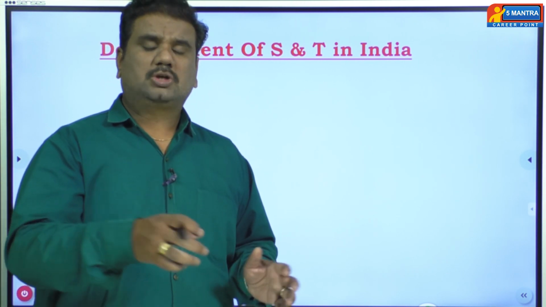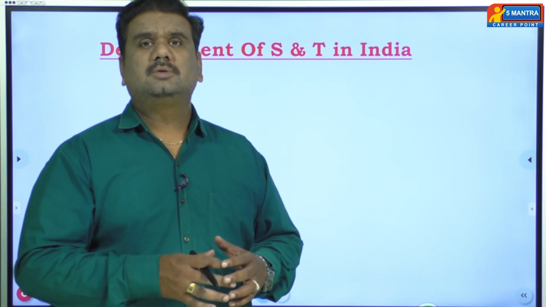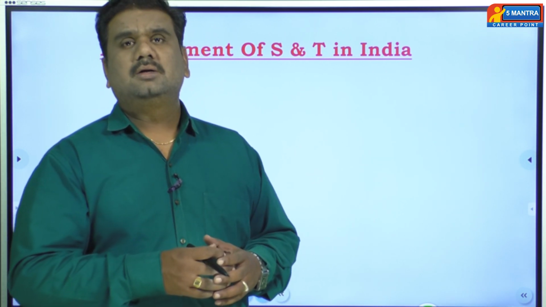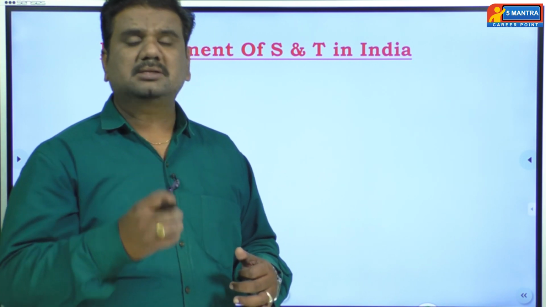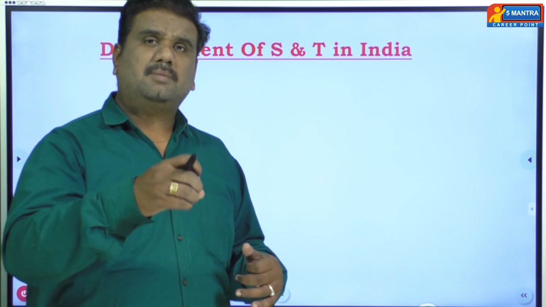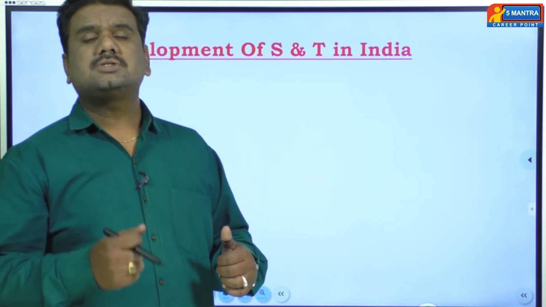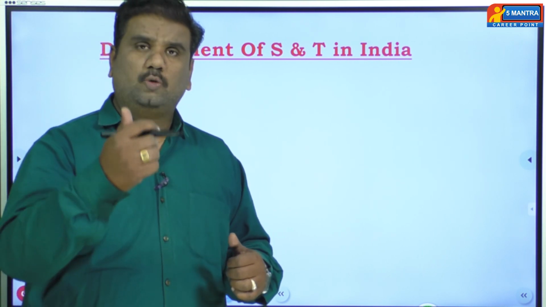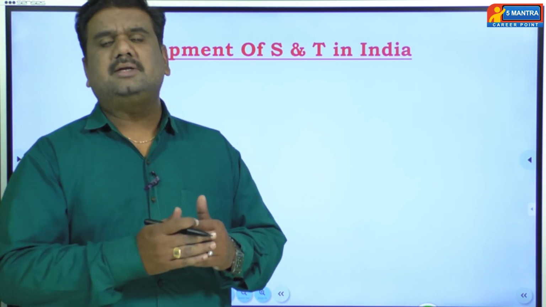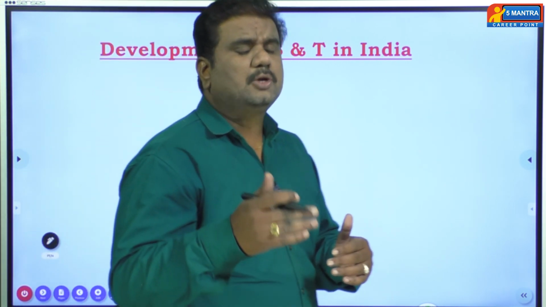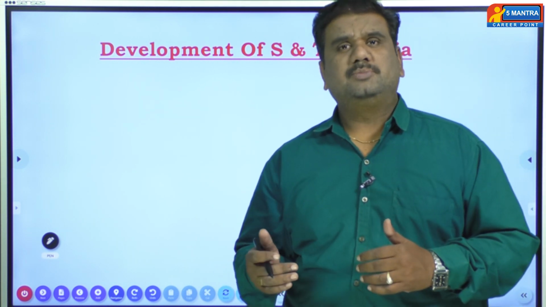After that, you come to modern India. During that era, the eminent research scholars and scientists who contributed to the development of S&T in India, whether Satyendranath Bose, Hargobind Khurana, C.V. Raman, or Dr. APJ Abdul Kalam.